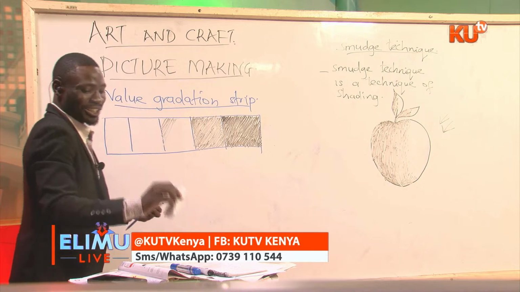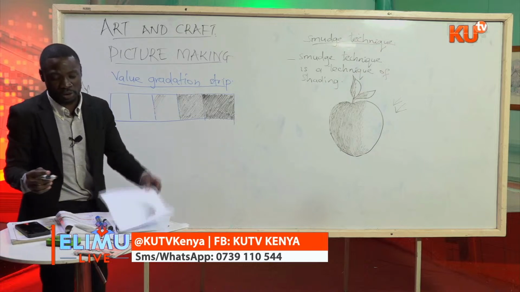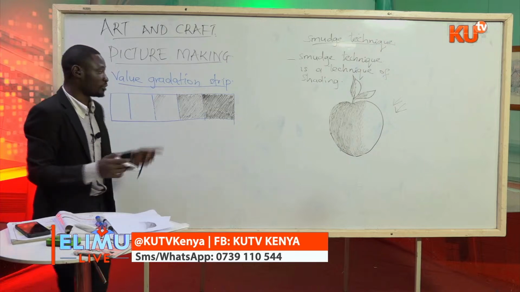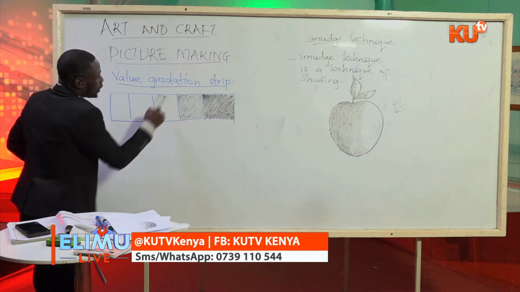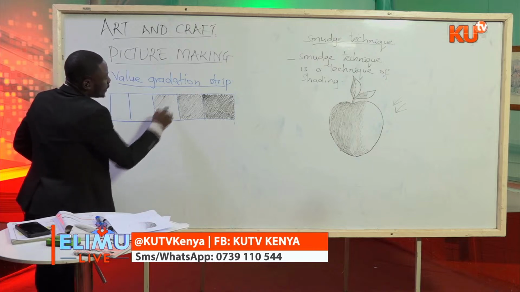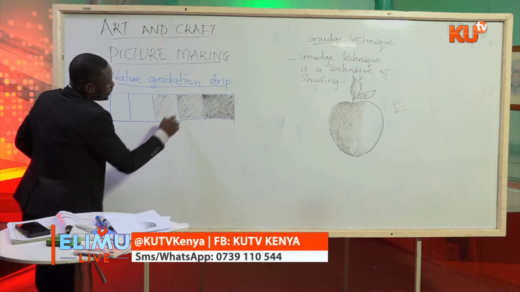If I use this one, it will rub everything off. It can only be used on a piece of paper, which I will show you later. So this one will appear a bit lighter compared to the other one.